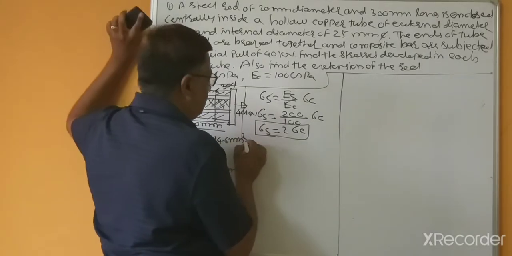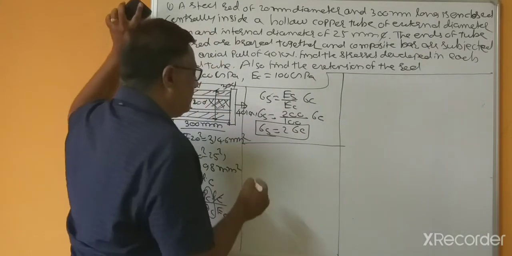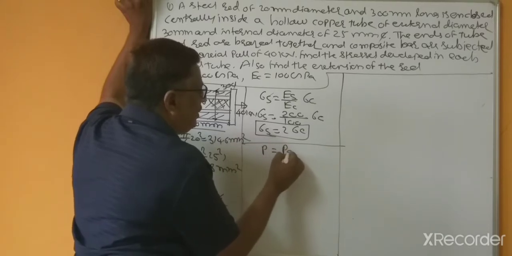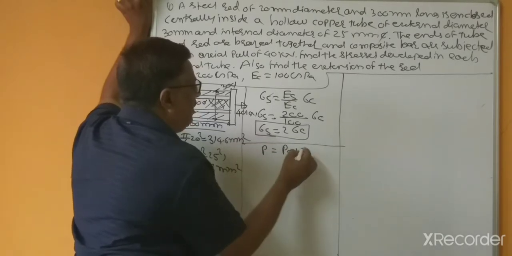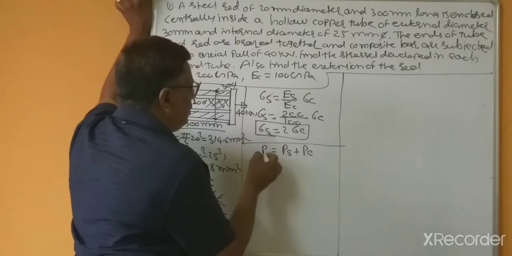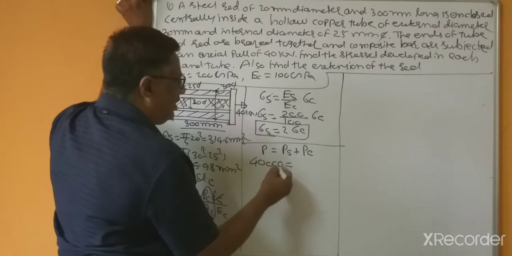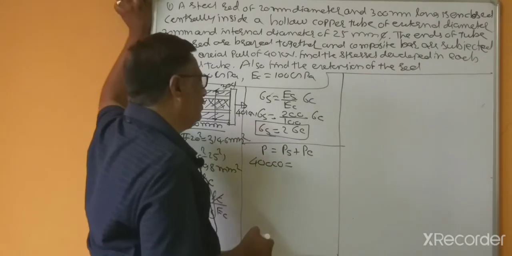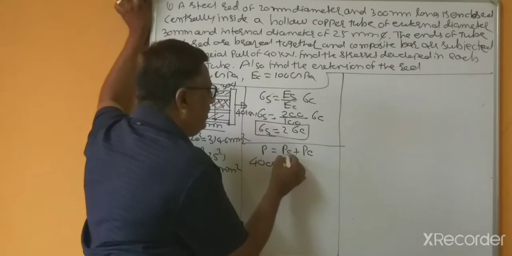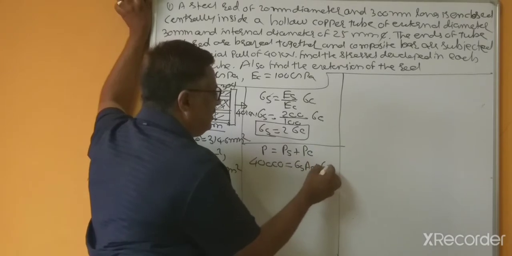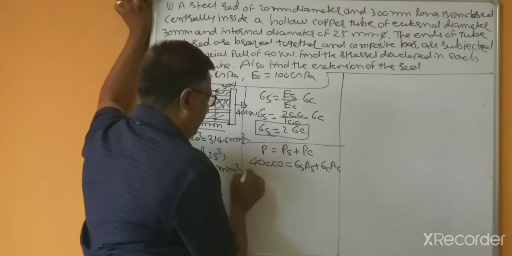What is the next step? Now the total load P equals the load shared by the steel rod plus the load shared by the copper tube. This is given as 40 kilonewton, which is 40,000. PS equals sigma S AS and PC equals sigma C AC.